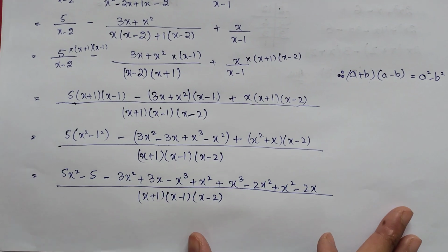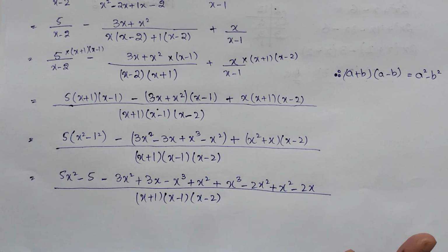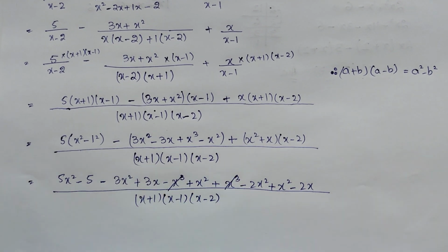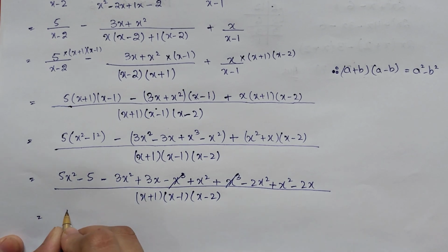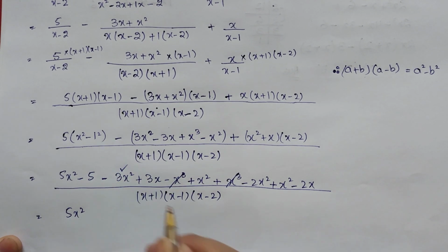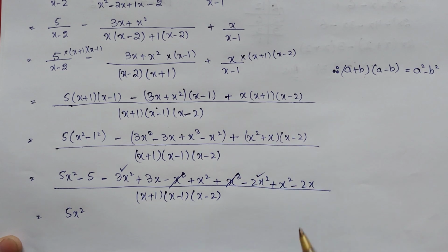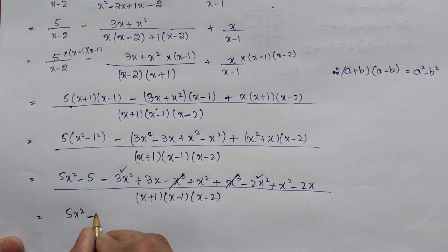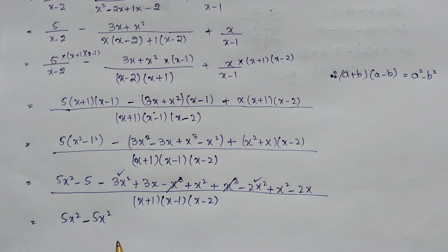We are just doing the simplification. Simply, we do whatever is possible. This plus x cube is cancelled with minus x cube. This is one thing which I see very clearly. The next thing is, it is 5x square, this is minus 3x square, and this is minus 2x square. So minus minus plus, and the sign of the greater value, minus 5x square, we get.